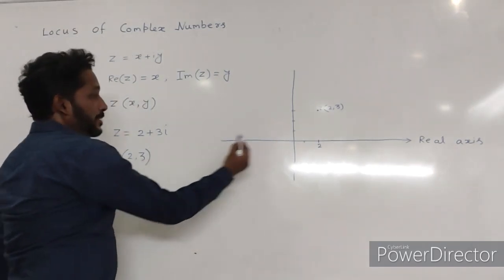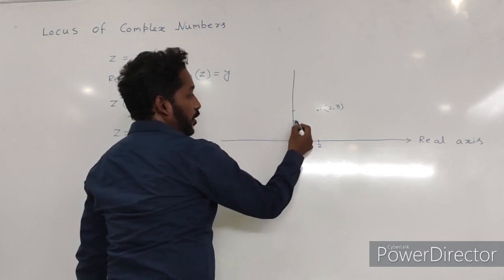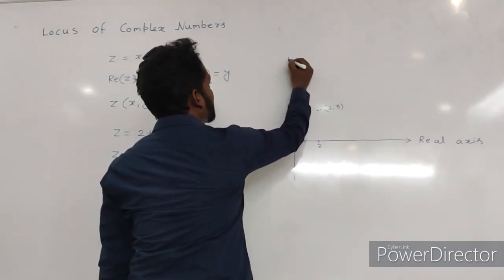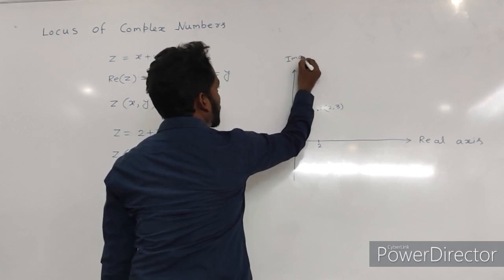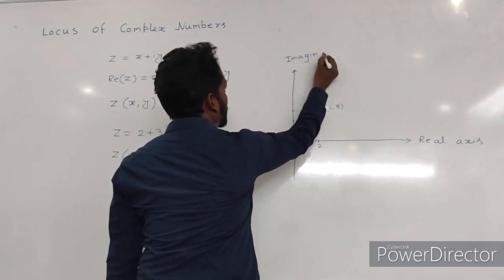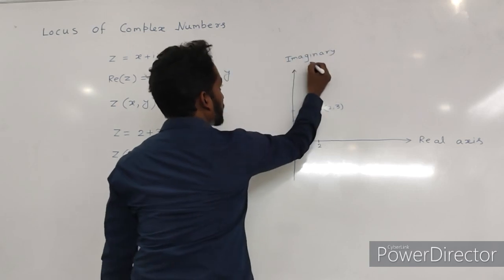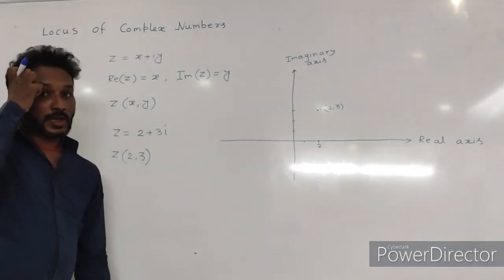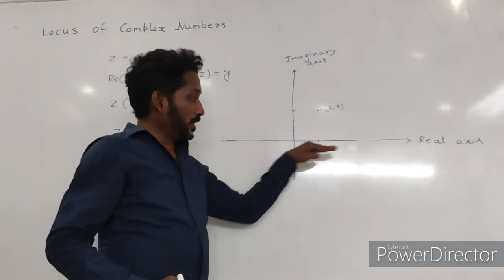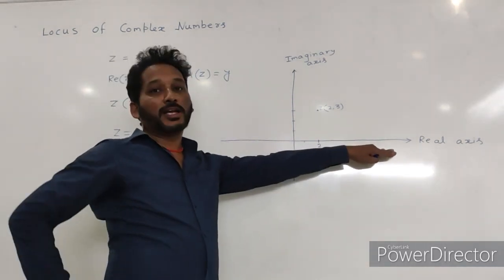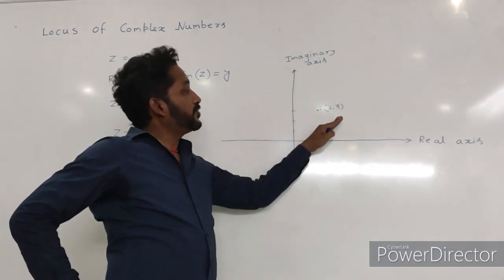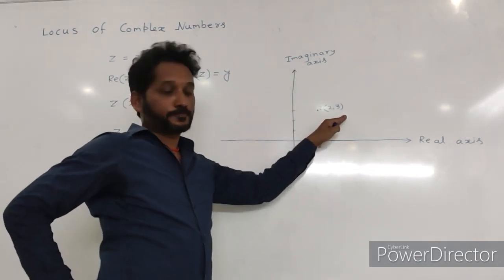Similarly, we are plotting the imaginary part of z along the y-axis, so we call it the imaginary axis. So along the horizontal axis, we are plotting the real part of z, and along the vertical axis, we are plotting the imaginary part of z.